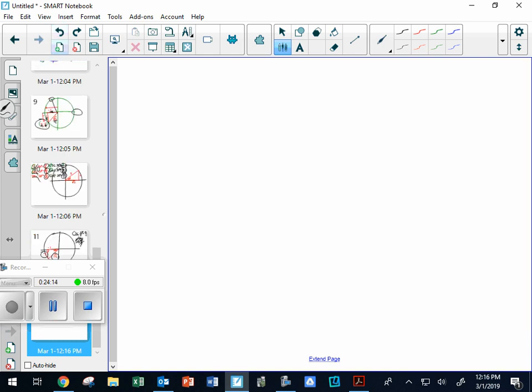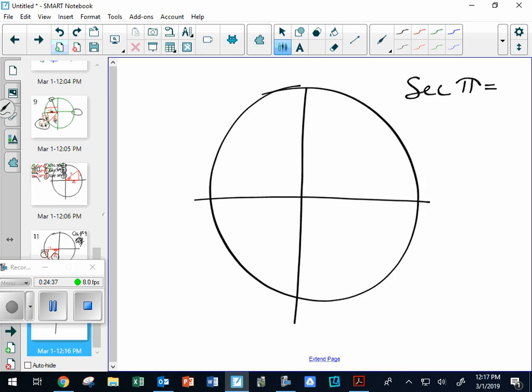All right, let's see if that's stuck. This one's going to be weirder because it's at a quadrantal. What is the secant of pi? Pausing for a second.